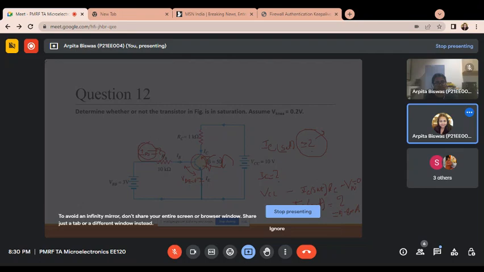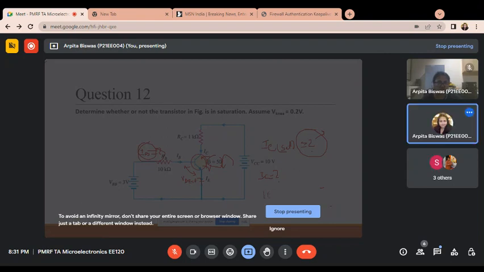So are you getting it? VCE is 0.2, madam. The knee voltage is 0.2. It is germanium, madam, 0.1, no? No, do not take germanium. Already given in the question that the knee voltage is 0.2. Then why are you taking 0.1?